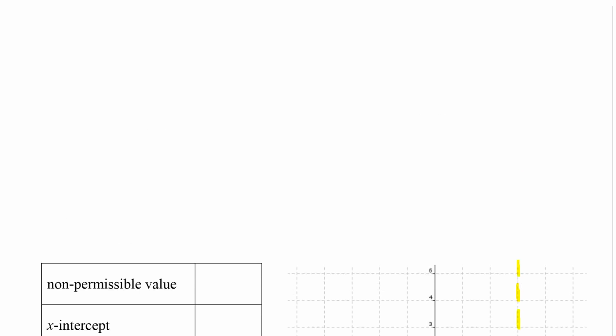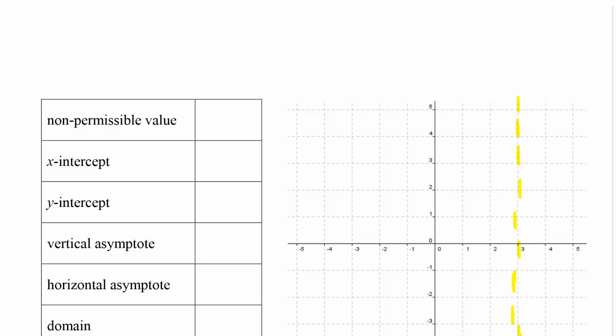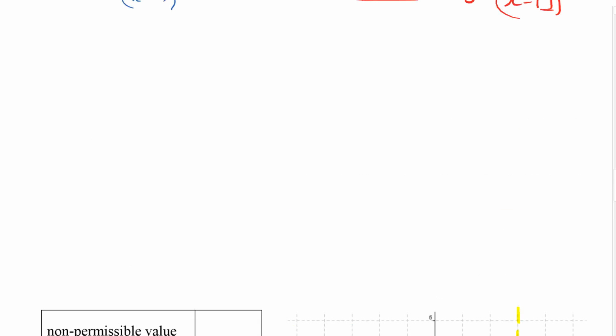And the difference here is I've got this plus 2, so that means it's going to be going up 2. So I will have a horizontal asymptote right here. And what's the volcano shape?